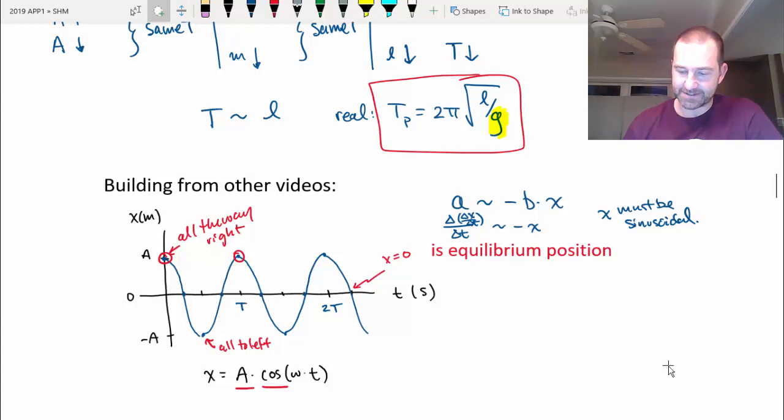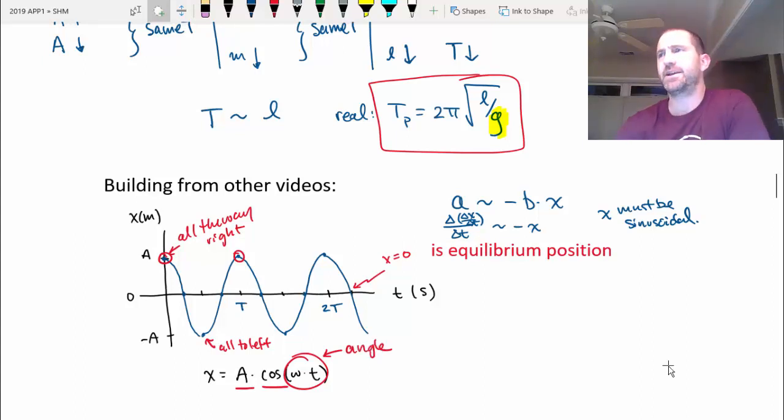But what's going on inside of it is the funky part. Sines and cosines, tangent as well, they need an angle in there. So we have to put an angle inside. And, well, time is not an angle. Time is in seconds. So we have to put something inside of there multiplied by time that will give us an angle.